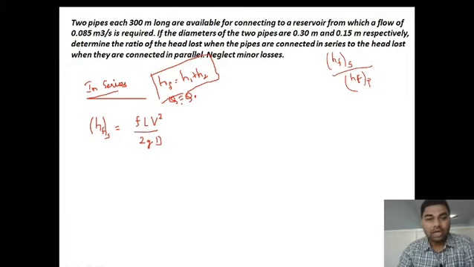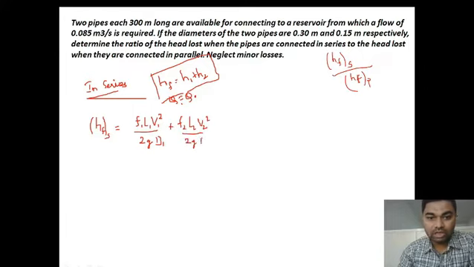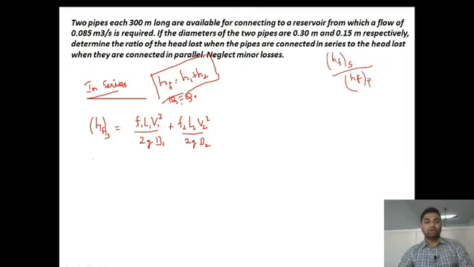As there are two pipes, we will denote it as F1 L1 V1 square by 2G D1, where F is the friction factor, plus F2 L2 V2 square by 2G D2. In series, the head loss gets added up: F1 L1 V1 square by 2G D1 plus F2 L2 V2 square by 2G D2.